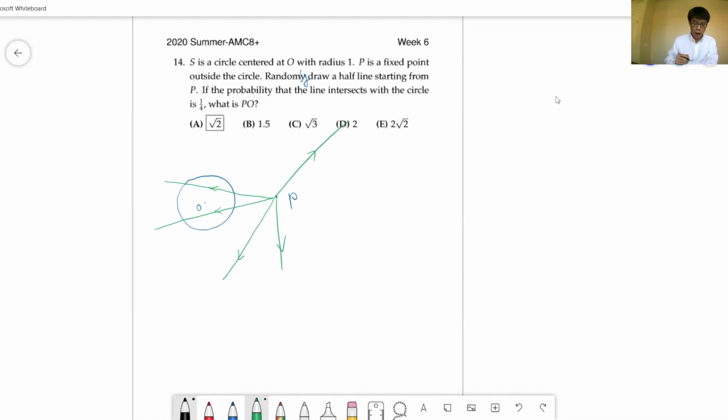All right, now we consider drawing a half line like choosing one direction. So in total we have all directions, which corresponds to 360 degrees. Then for certain directions, the line intersects the circle. There are two extreme directions that correspond to the lines tangent to the circle.